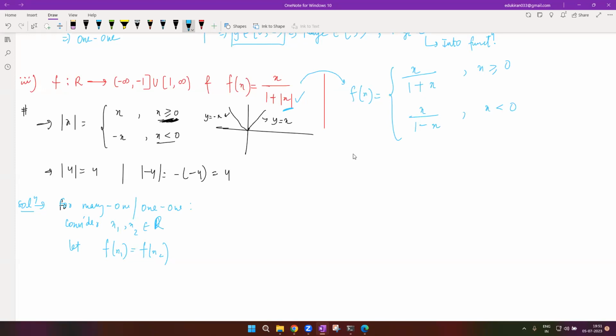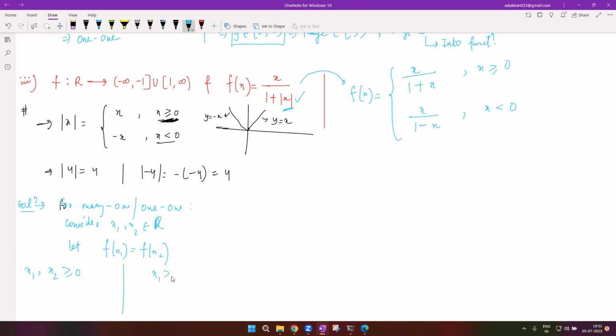In that case, there are 4 parts now for solving many one and one. How? One is when both of x1 and x2 are positive, right? Then second is if x1 is positive and x2 is negative. Third is x1 negative, x2 positive. So what we will do is we will first consider x1, x2 both greater than or equal to 0.